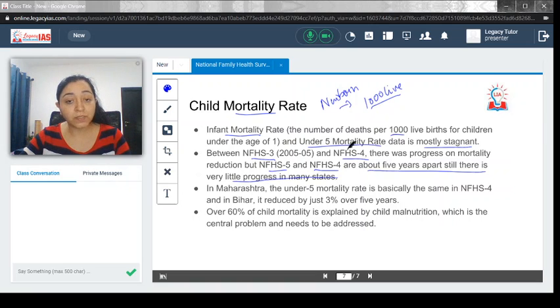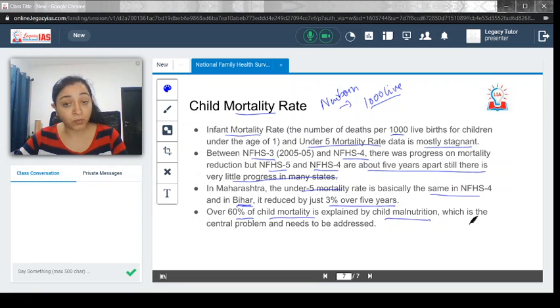So again, there has not been much improvement in mortality rate reduction as well. In Maharashtra, the under-5 mortality rate is basically the same as in NFHS 4, and in Bihar it reduced by just 3% over 5 years. So Bihar did mark a reduction in the child mortality rate, but the reduction percentage is less. Over 60% of child mortality is explained by child malnutrition, which is the central problem and needs to be addressed.